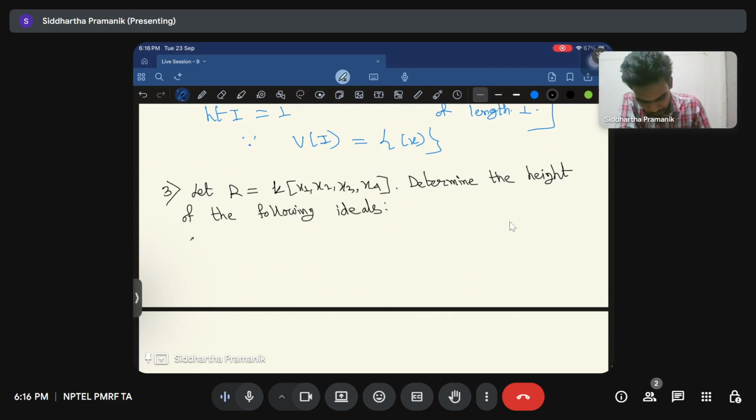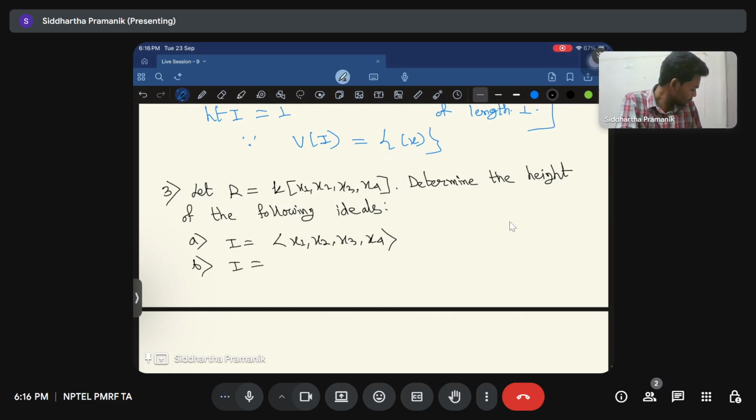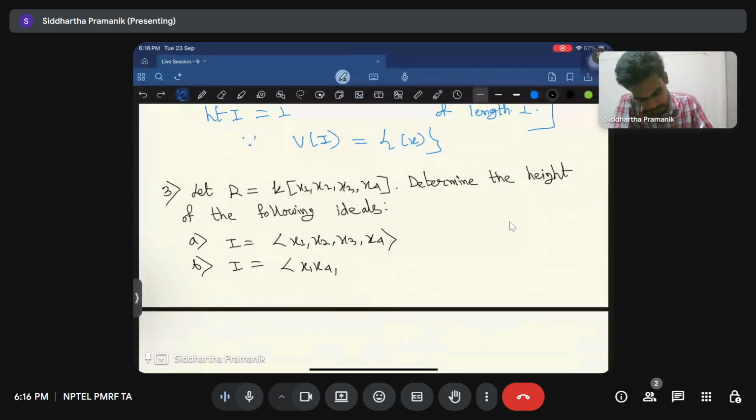So the first one is let's say I equals the ideal generated by x1, x2, x3, x4. B, the ideal I is the ideal generated by x1 x4, x2 x4, x3 x4.